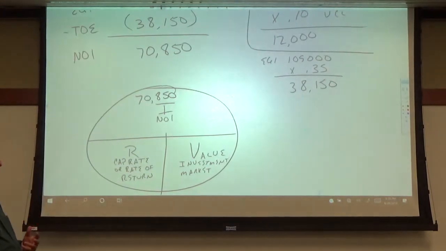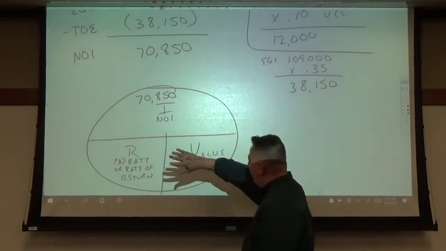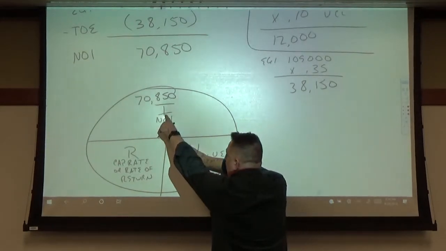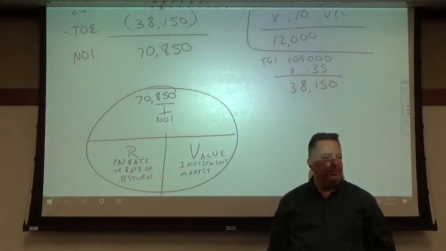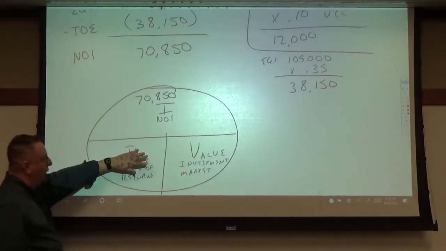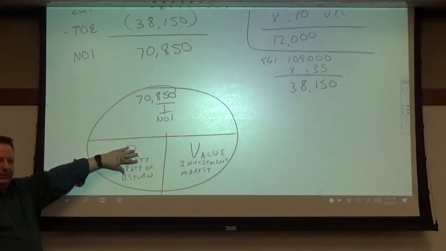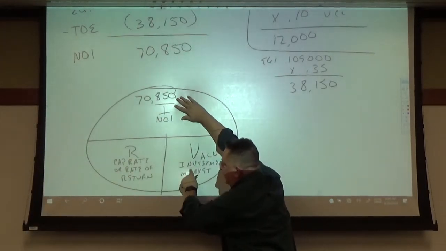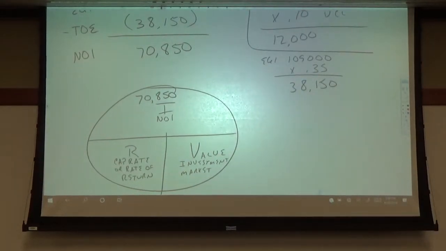If we want to solve for the value, we put our hand over that and say we're solving for value, and the formula is income divided by rate gives us value. Does that make sense? If we wanted to solve for the rate, income divided by value gives us the rate. If we want to solve for the income, then it's rate times value. And all that is written right there.